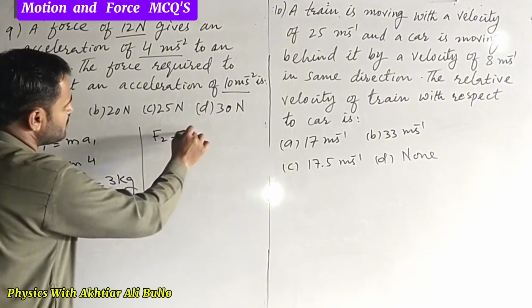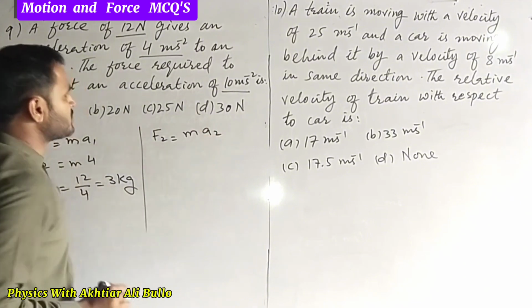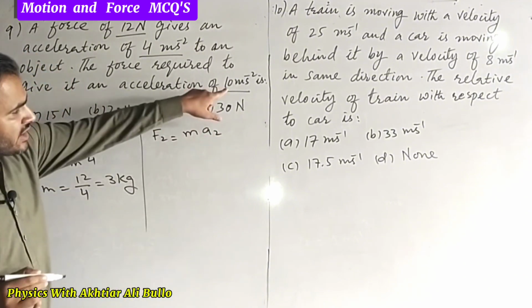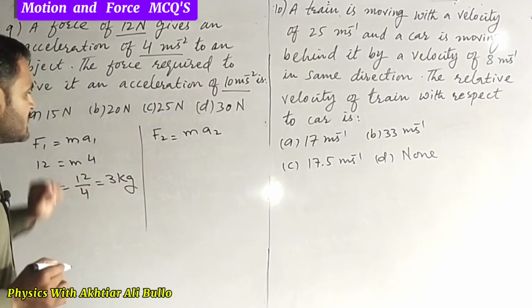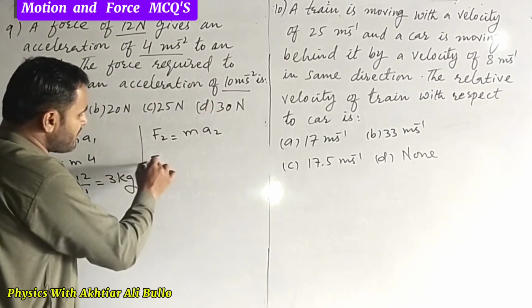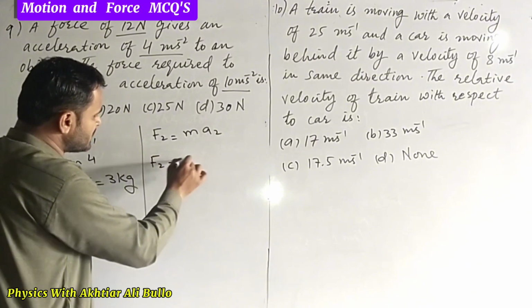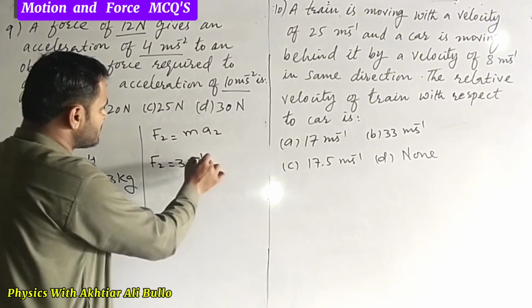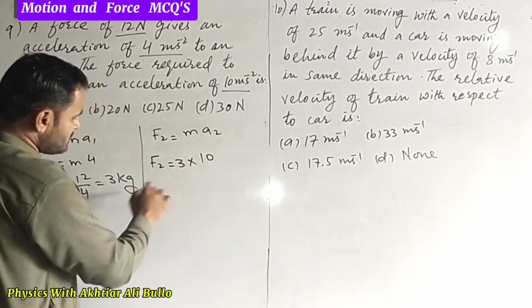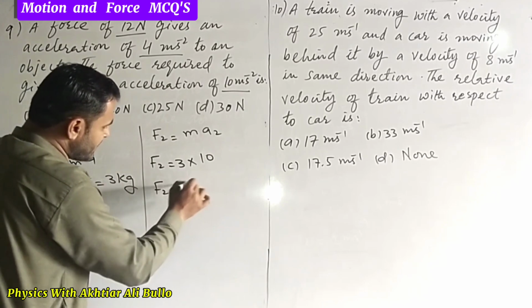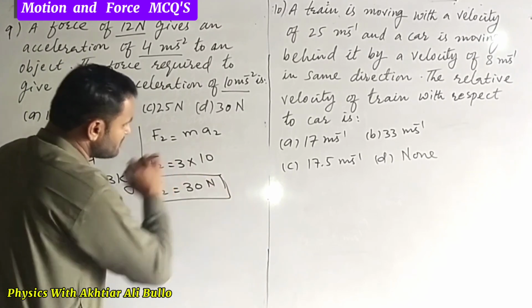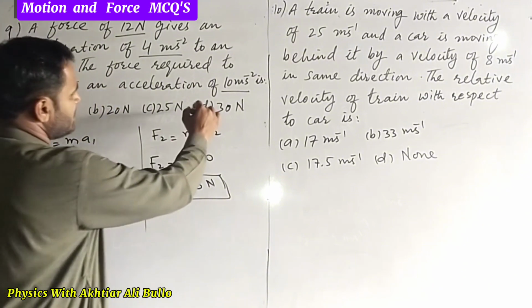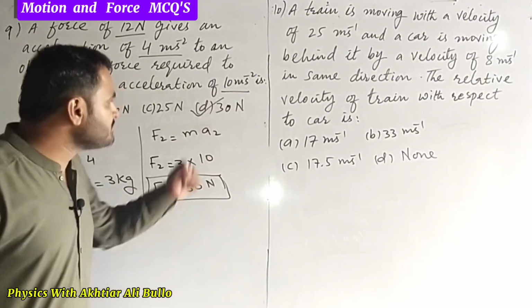F2 is equal to m into a2. So here a2 is 10 meter per second square and mass is 3 kg. So F2 will be equal to 3 into 10, which is 30 Newton. So the correct option is D, 30 Newton.